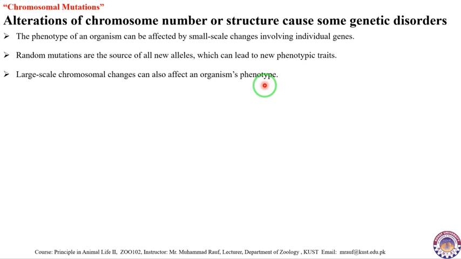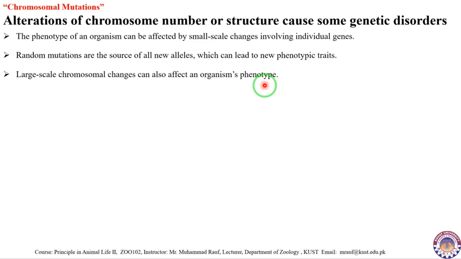So they are usually large-scale mutations, and quite often they are so detrimental that the individual cannot even make it till birth and usually dies during embryonic development, or results in miscarriage or stillbirth.